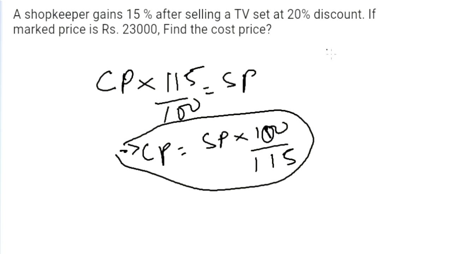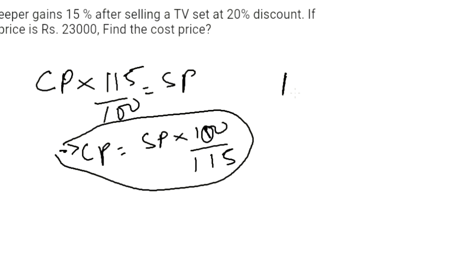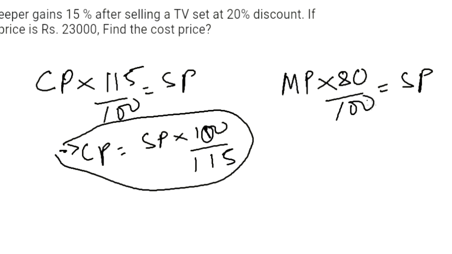This idea. And regarding that, after that, you know, 20% discount of mark price. So from mark price, if you take 20% out, 80% left will give you the SP, right? So basically, looking at these two, CP will only be what?